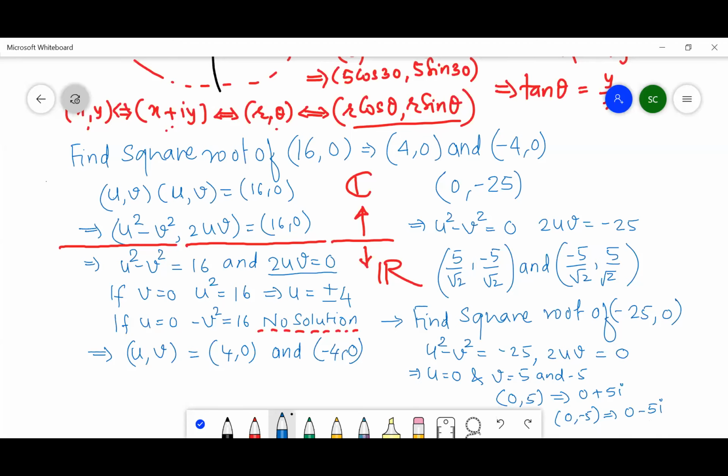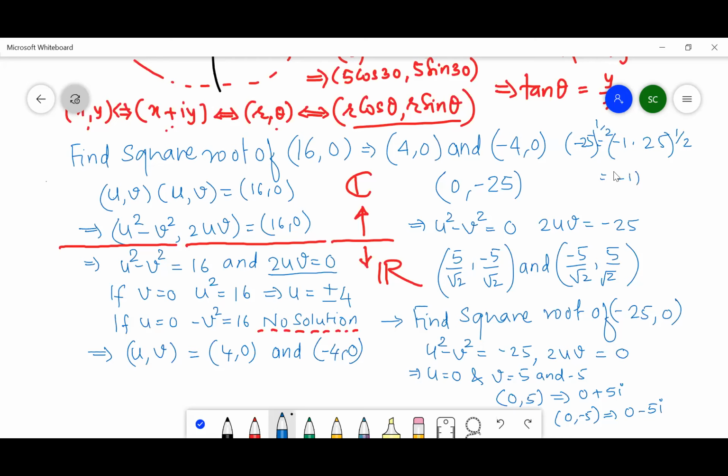So minus 25 is equal to minus 1 into 25. We want the square root of minus 25. Therefore square root of minus 1 into 25.